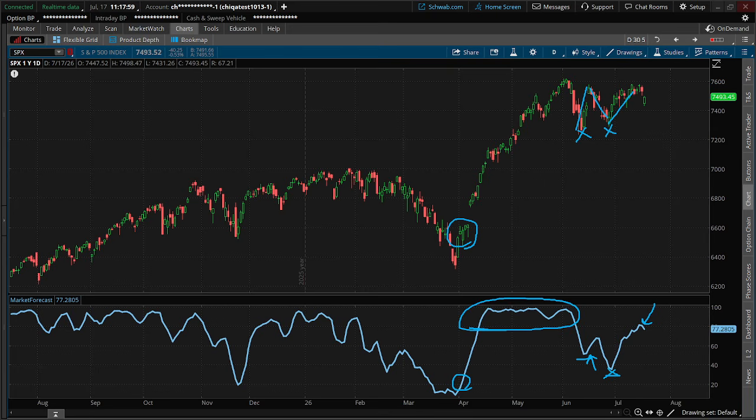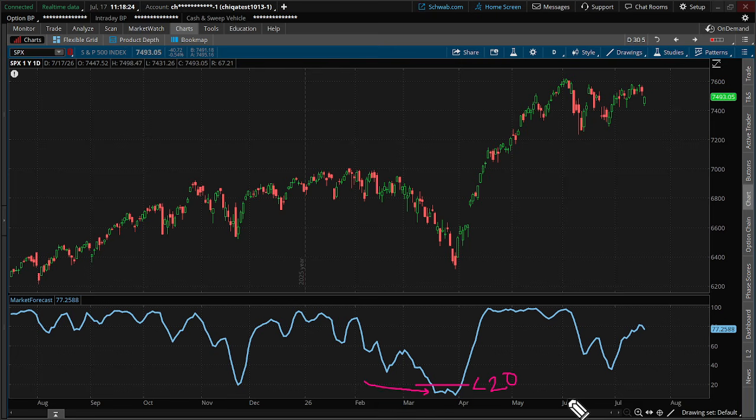Now, conversely, flipping it around on the downside, where are the sell indications? Well, the strongest sell, okay, we'll start with that first, is anytime you are below that 20 level, 20 right here. So in this case, less than 20. If we're below that level, it doesn't matter the direction of the line.